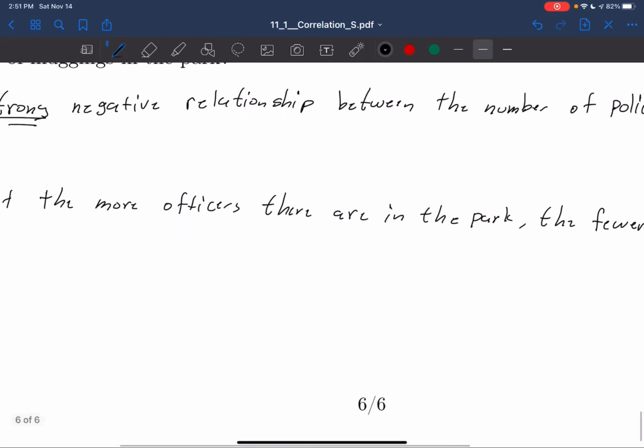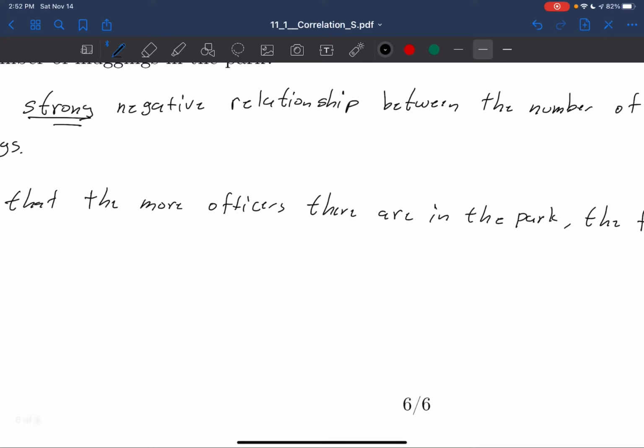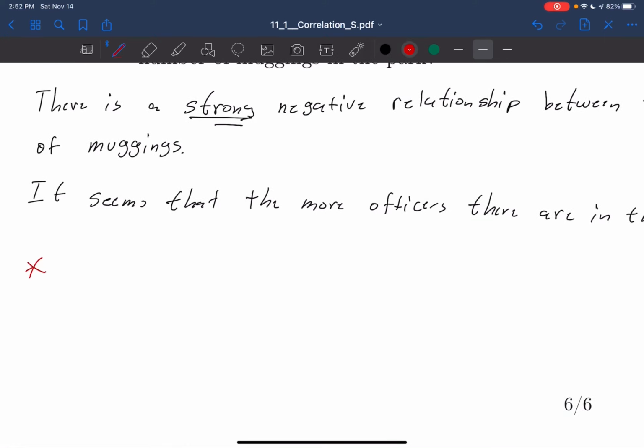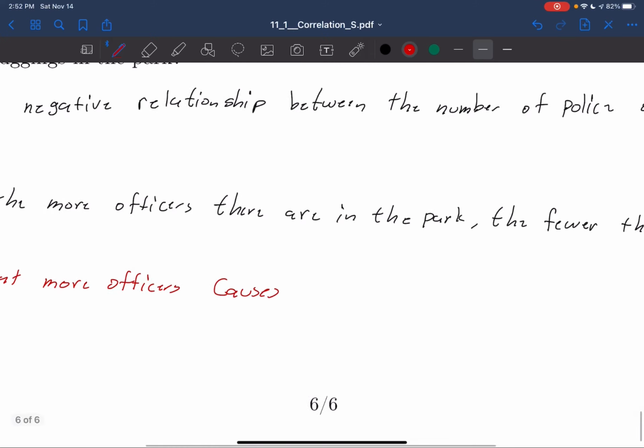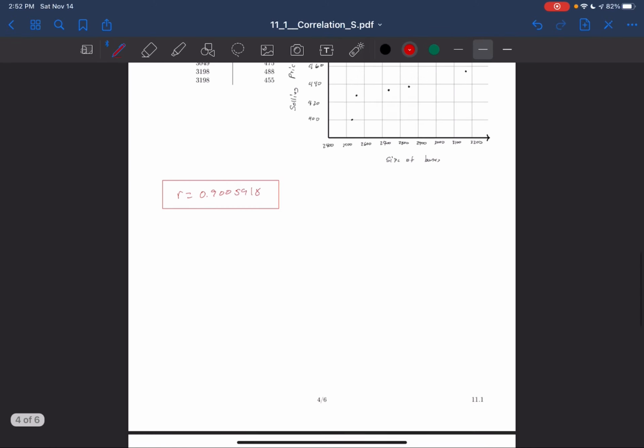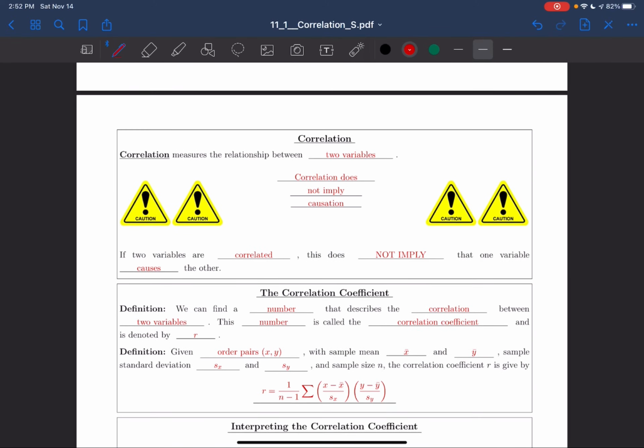Cool. But we cannot say that more officers causes fewer muggings. So I'll put that in red. We cannot say that more officers causes fewer muggings, because if you recall, in our notes here, correlation does not imply causation.